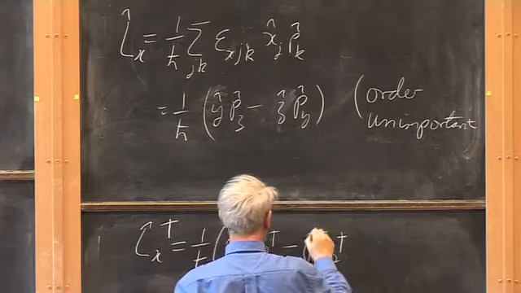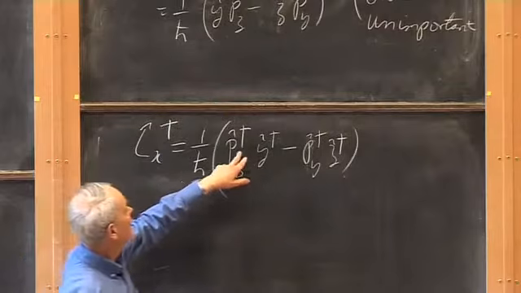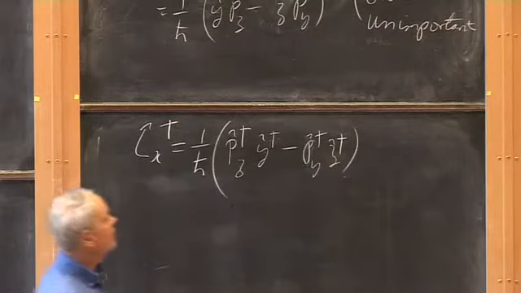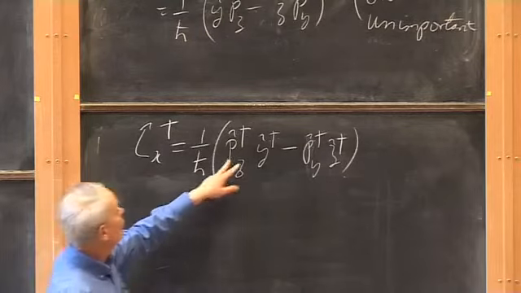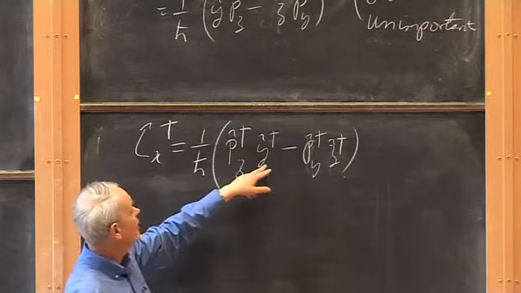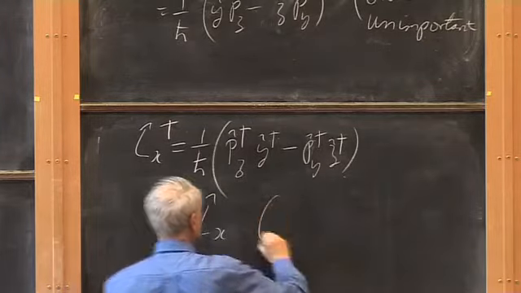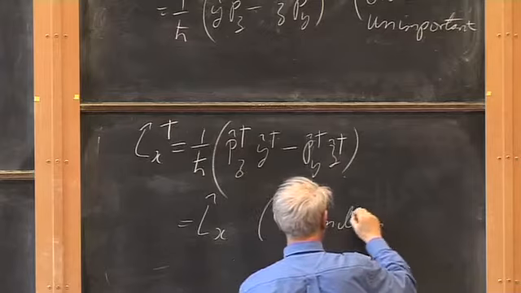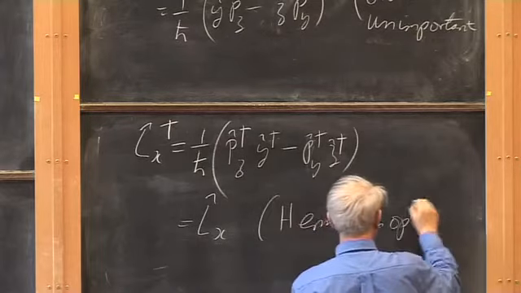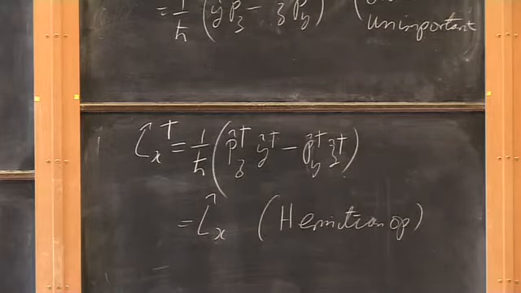Well, these things are all operators. But each of these things is its own dagger because the momenta and coordinates are Hermitian operators, and the order in which you write them down, we've already agreed, is unimportant. So this is in fact equal to Lx. So it's a Hermitian operator. So we expect it to be associated with an observable, and the observable is obviously going to be orbital angular momentum.